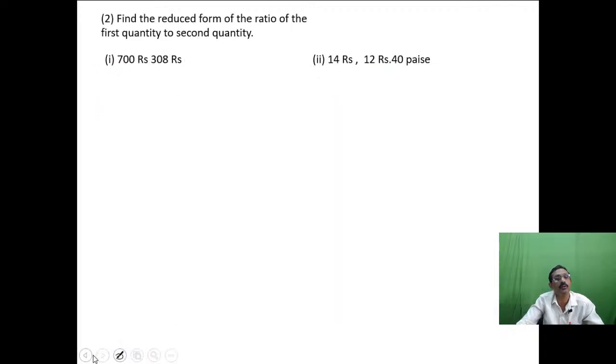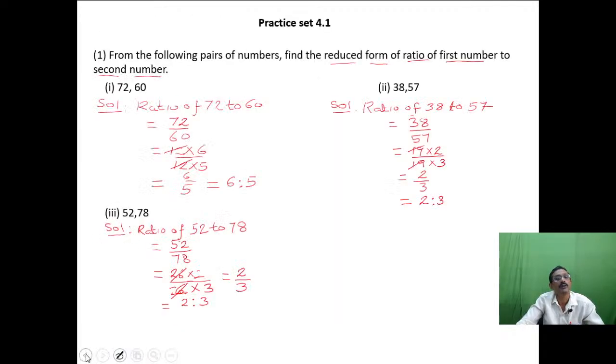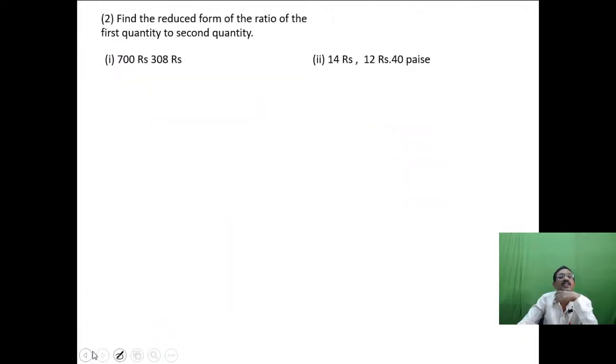As we move on to the next one, find the reduced form of the ratio of the first quantity to the second quantity. Look, what does the sum say? Reduced form. We are doing reduced form, but the ratio of the first quantity to the second quantity.